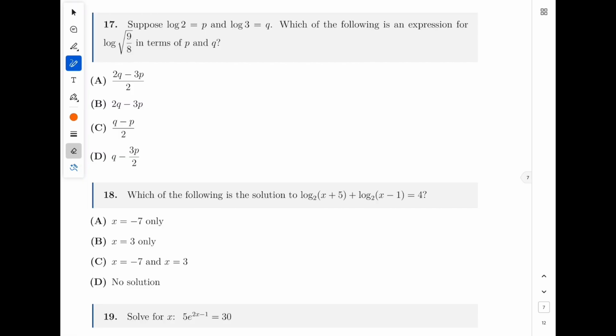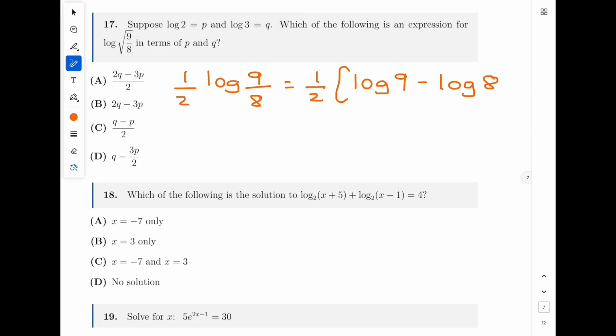So log square root of 9 over 8 is simply half log 9 over 8. Then log 9 over 8 is simply half into log 9 minus log 8.